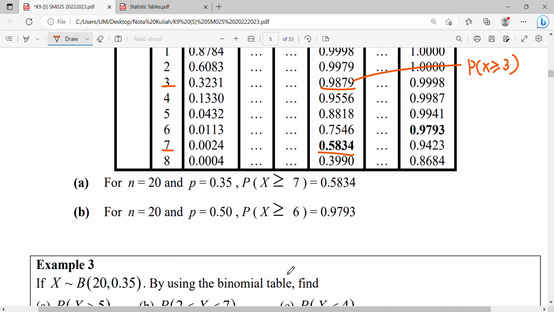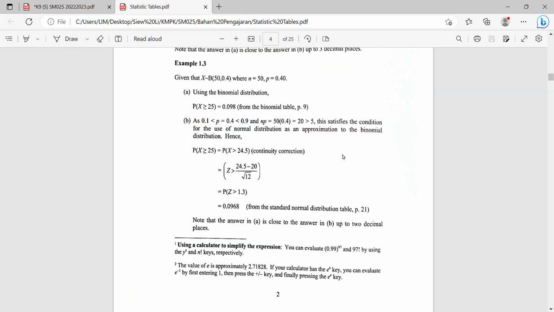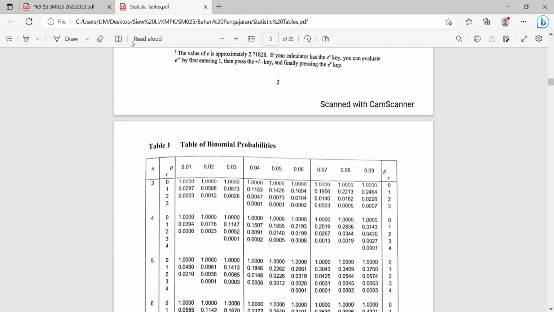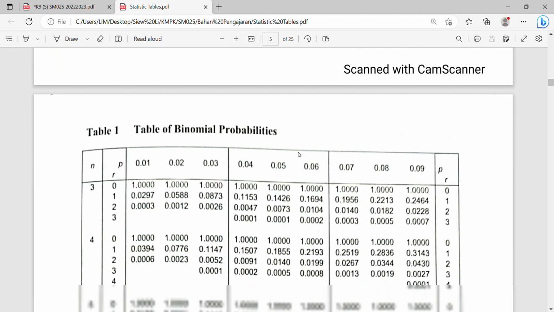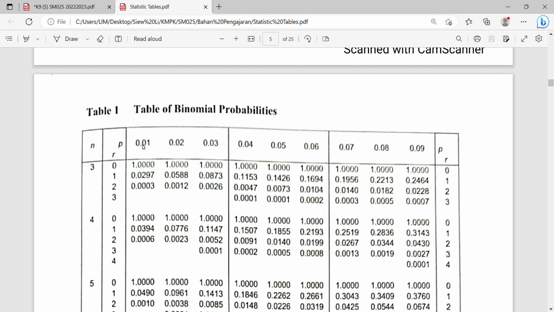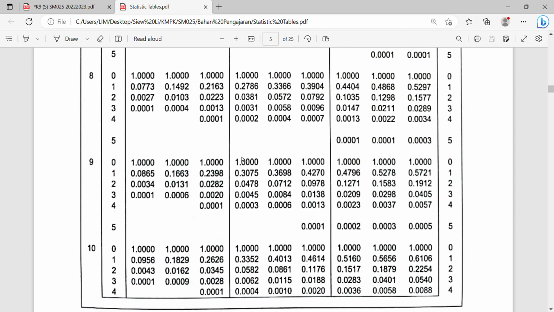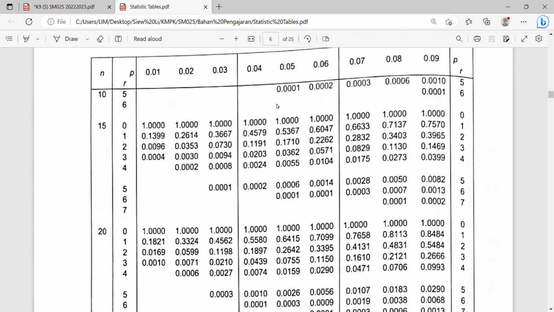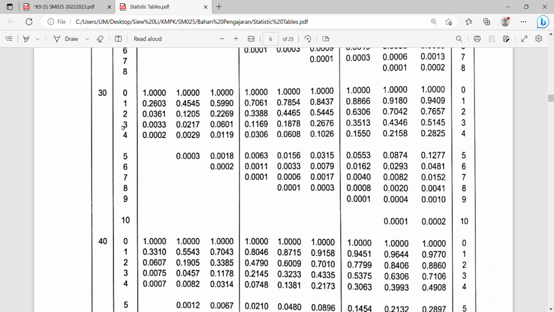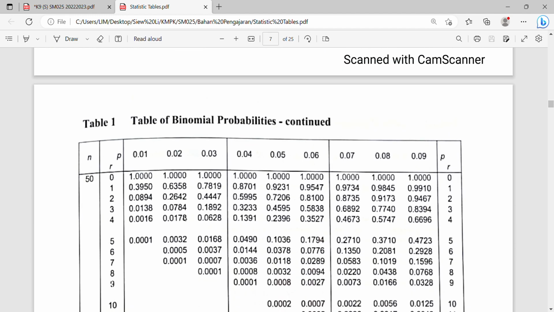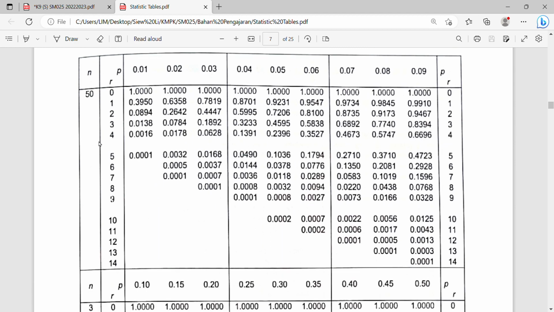So our table here, you always remember this is your right tail table. For the first part, you can see here is a small probability, starting from 0.01, 0.02, then masih lagi probability yang kecil, sample boleh guna sampai 40, then sample sampai 50, then probability besar sikit.